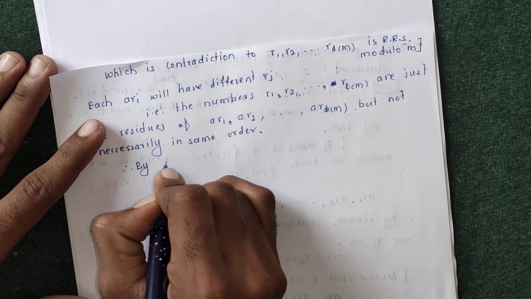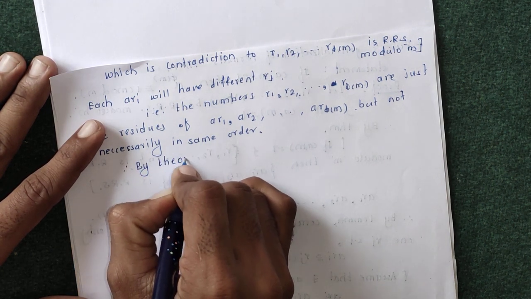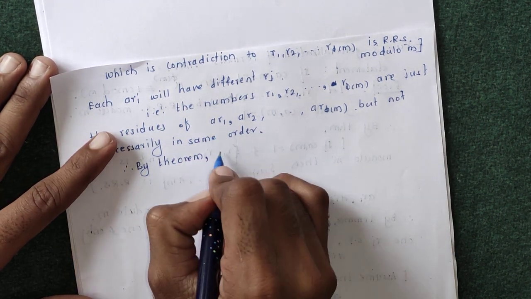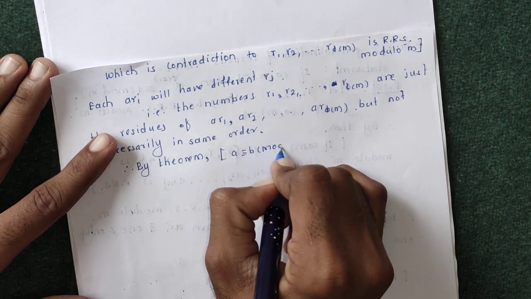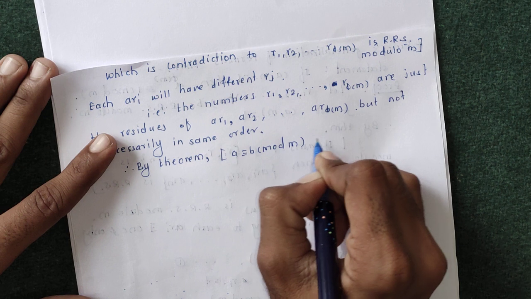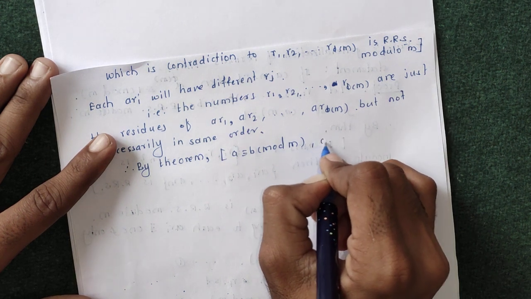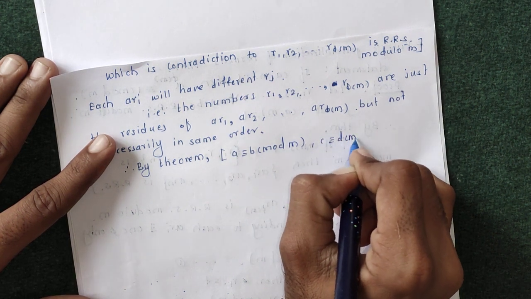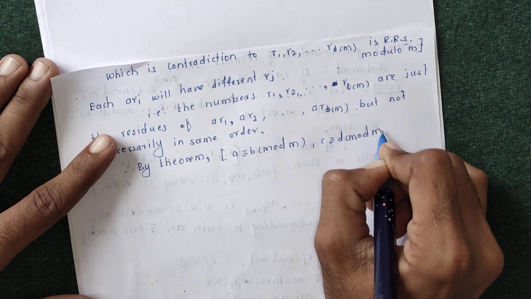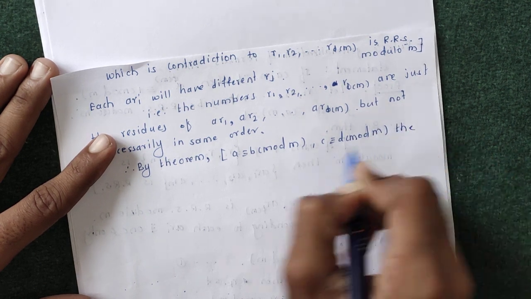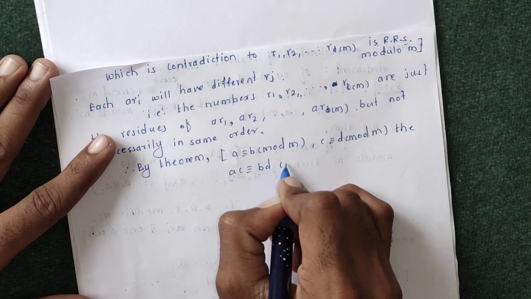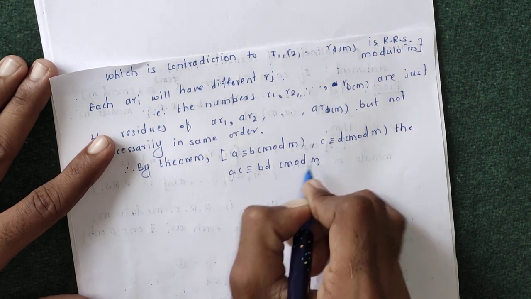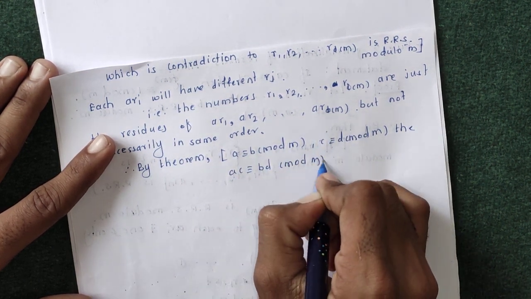Therefore, by using the theorem: if a is congruent to b mod m, and c is congruent to d mod m, then ac is congruent to bd modulo m.